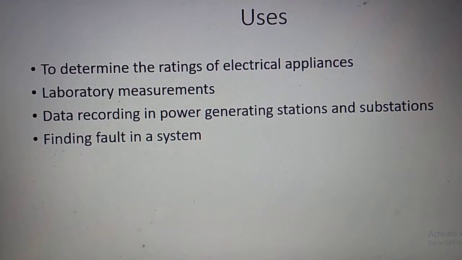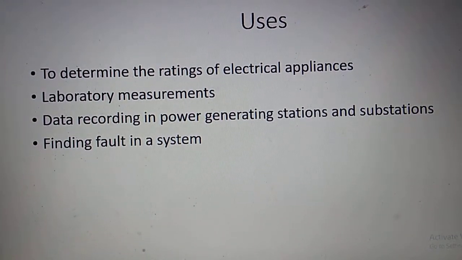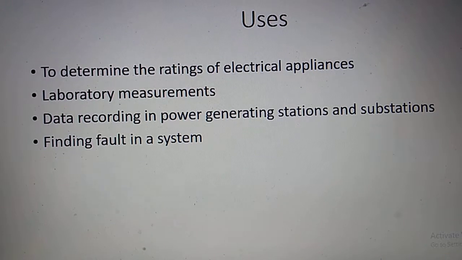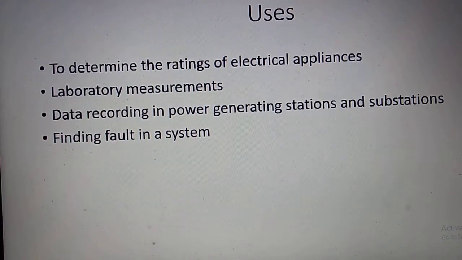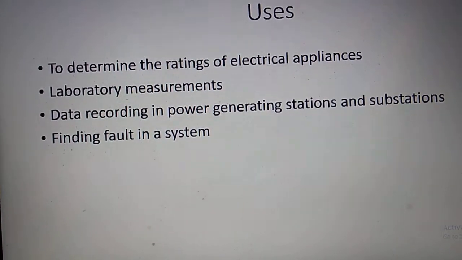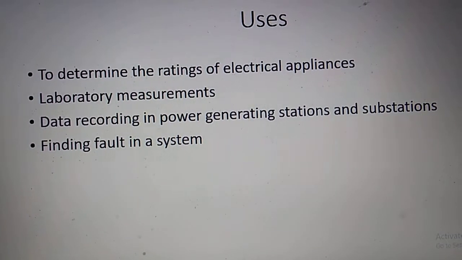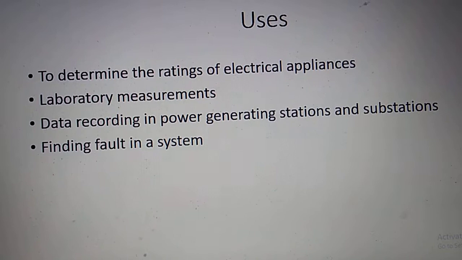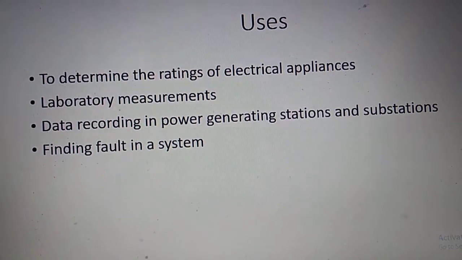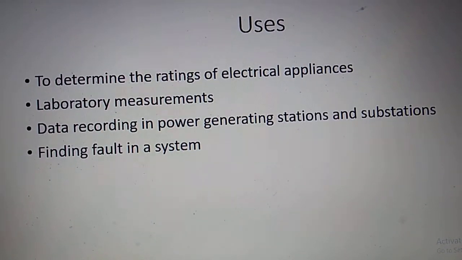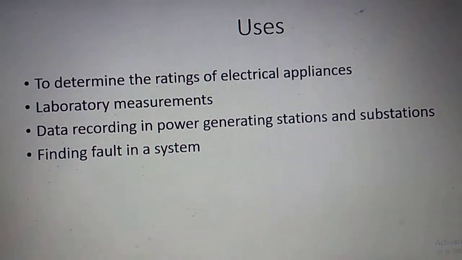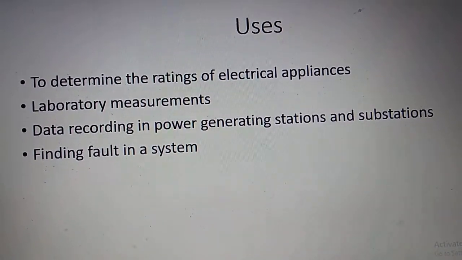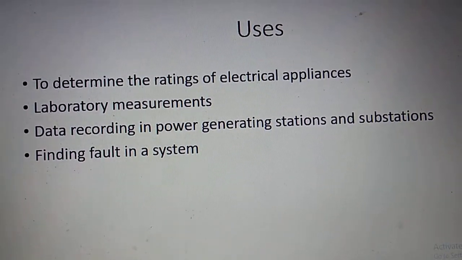Those ratings are determined using the electrical measuring instruments. For laboratory purpose measurements, you already know that. For data recording in power generating stations and substations: what power is being generated is to be recorded, to know that this amount of power is being generated right now. So for that recording purpose, it is used.